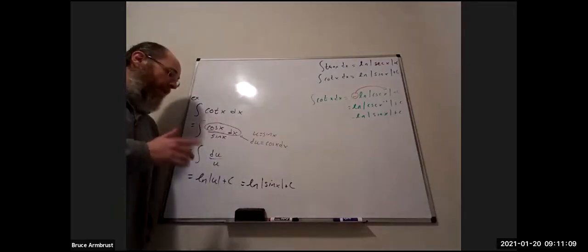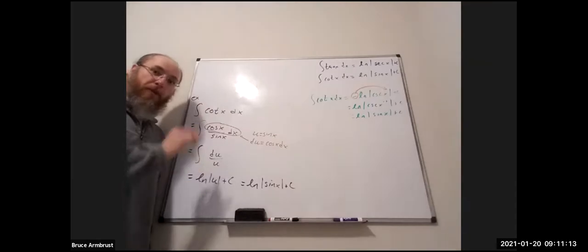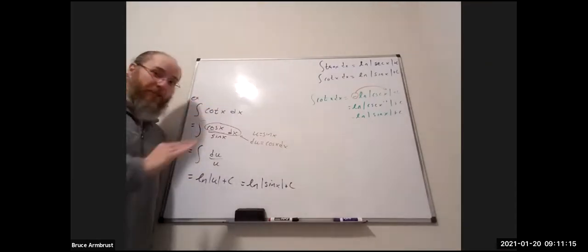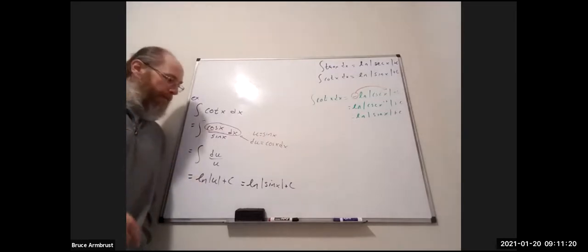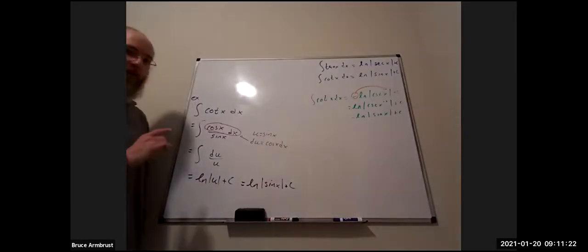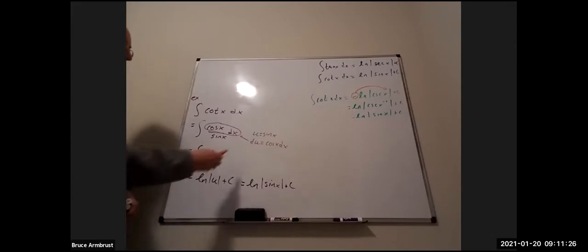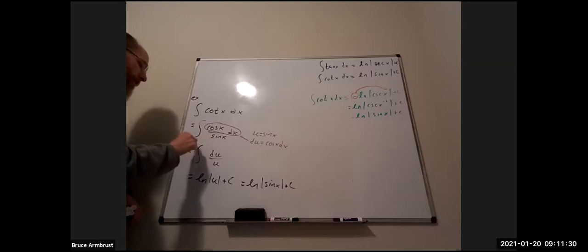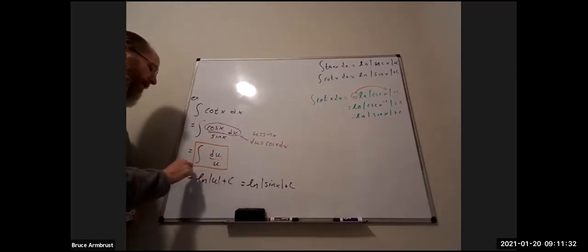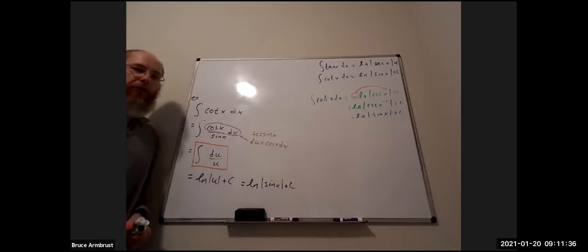So there's going to be a miracle step here, which you're not going to really like. But before we go there, I just want to show you something that popped up in this integral that also showed up in the integral of tangent, and that's also going to show up in the integral of secant and cosecant. Look at what we had after we did the substitution. We ended up with this integral right here: the integral of du over u.